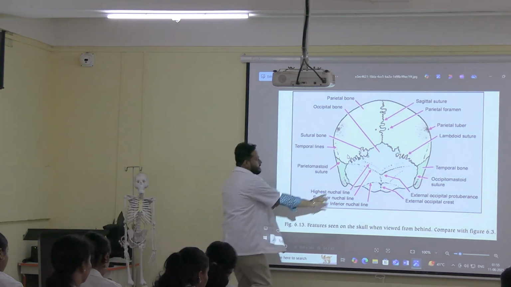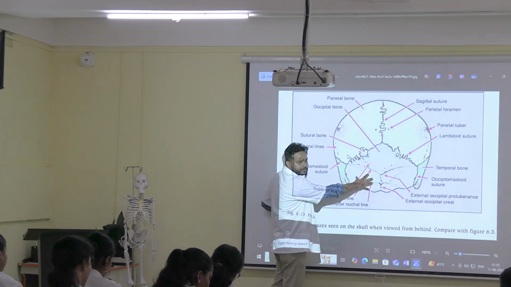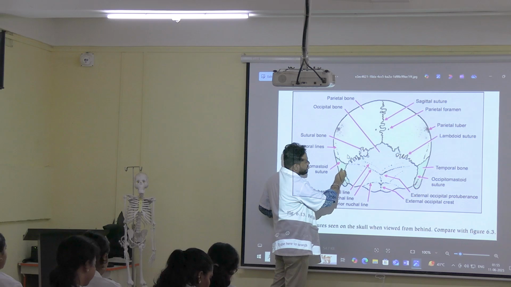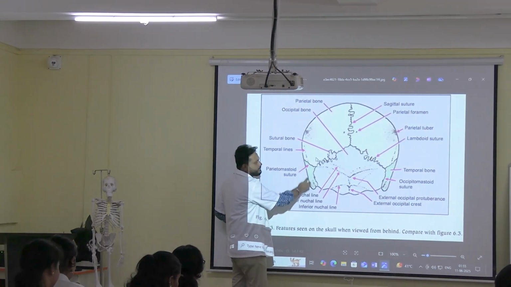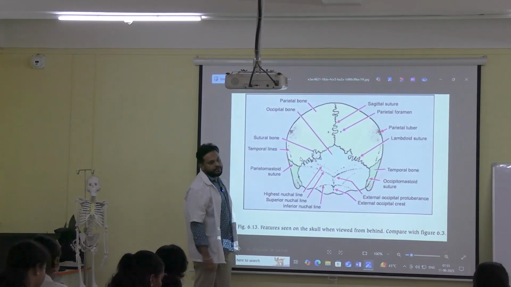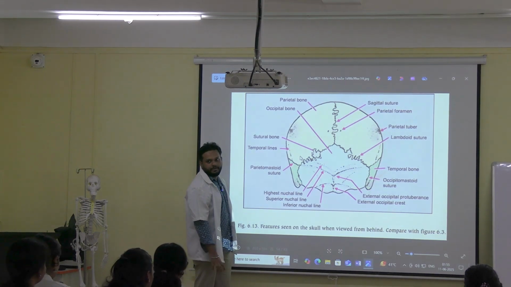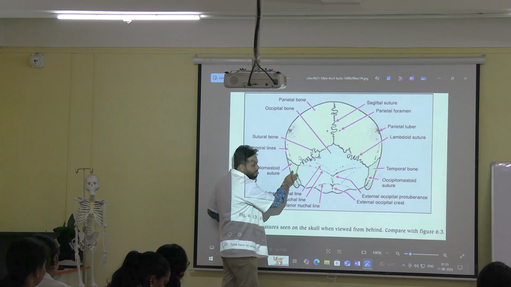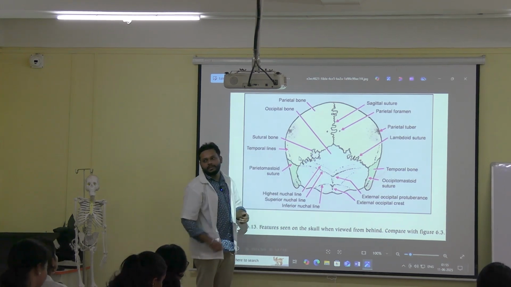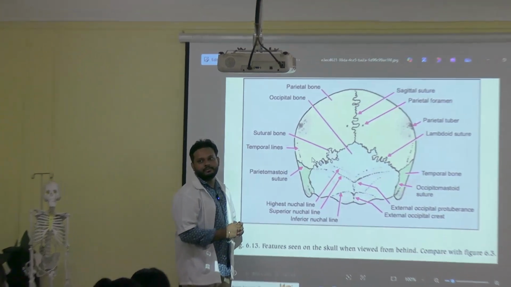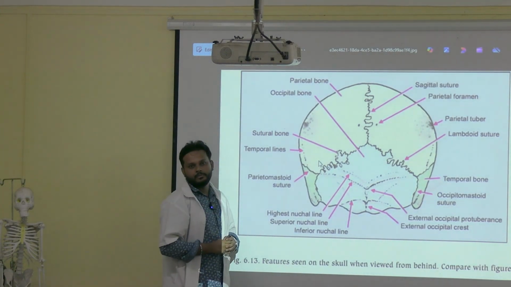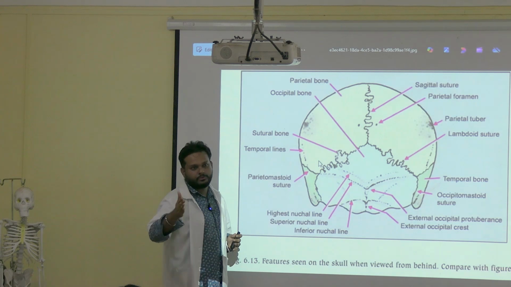See, this is your occipital bone, right? Look at me, this is your occipital bone. Which bone is this? This is the mastoid part, okay? So, which suture is this, in between the occipital and mastoid? This is the occipito-mastoid suture.